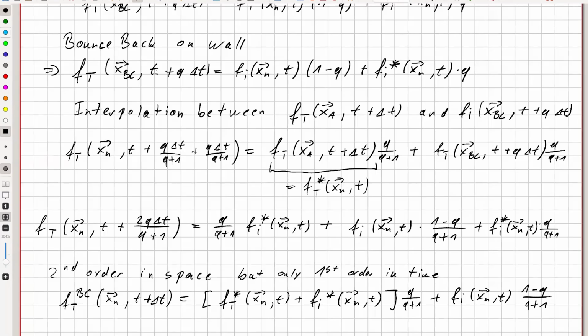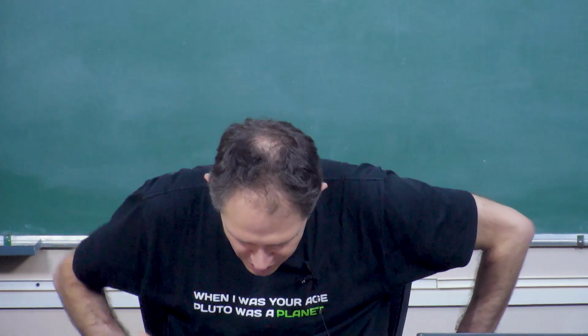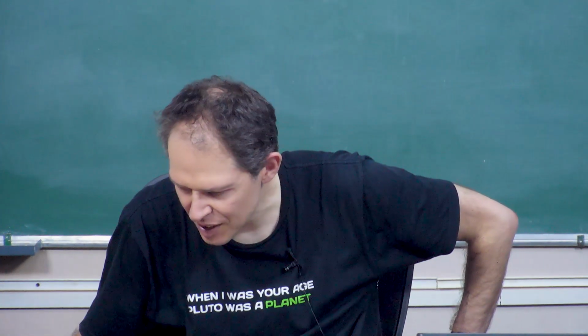If you introduce exactly the same thing here and put this within the interpolation, then you also get an off-grid velocity boundary condition with arbitrary velocities. Okay, so now this concludes the lecture on boundary conditions.